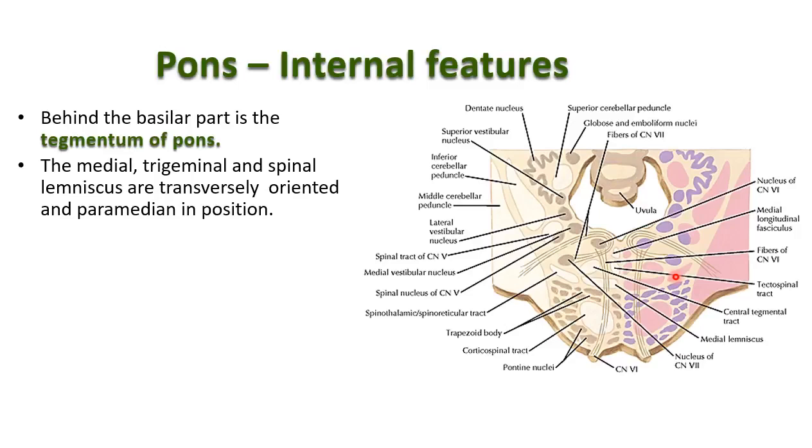Then you see the spinal lemniscus, which consists mainly of the lateral spinothalamic tract. This is seen on either side, the lemniscal pattern, and they are more transversely oriented. Spinothalamic tract is nothing but your spinal lemniscus, mainly the lateral spinothalamic tract.